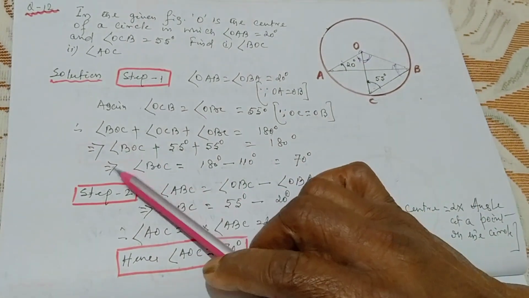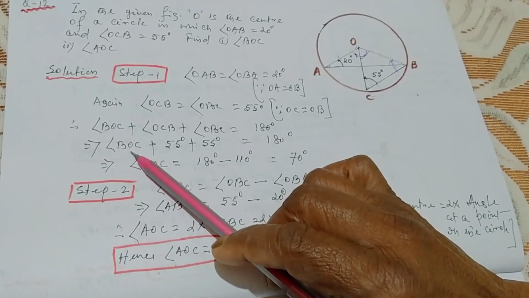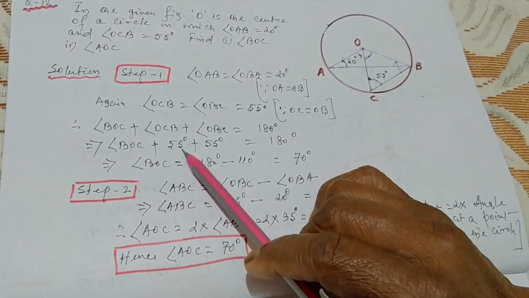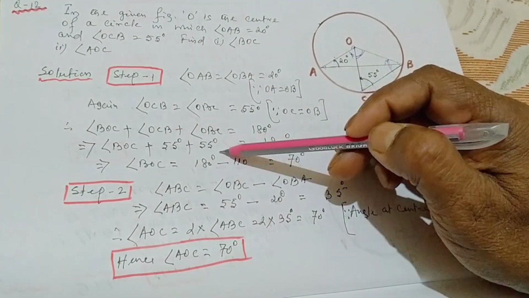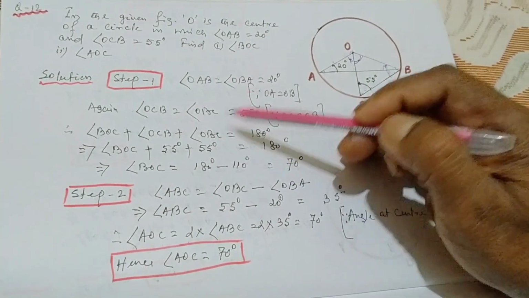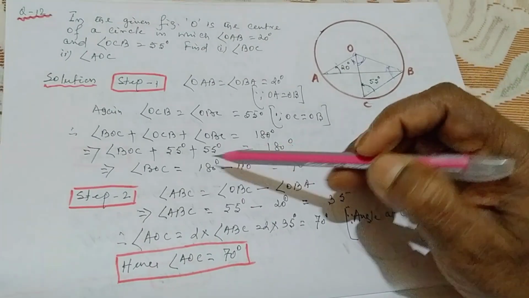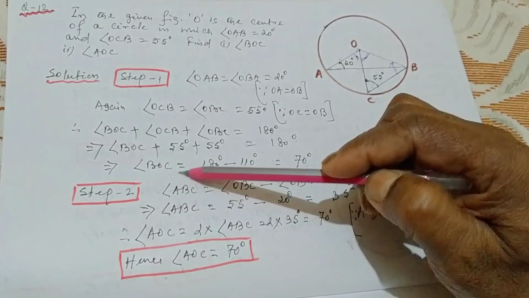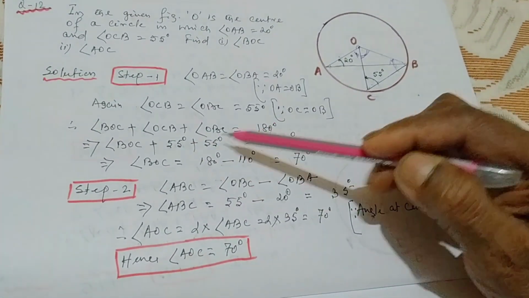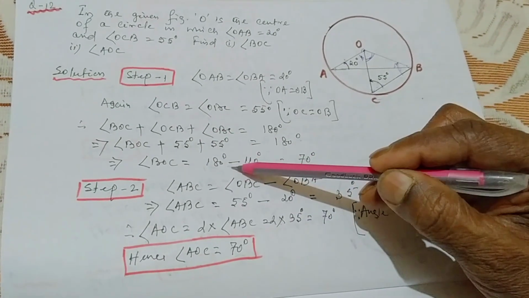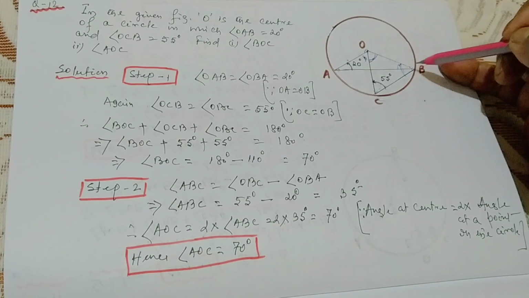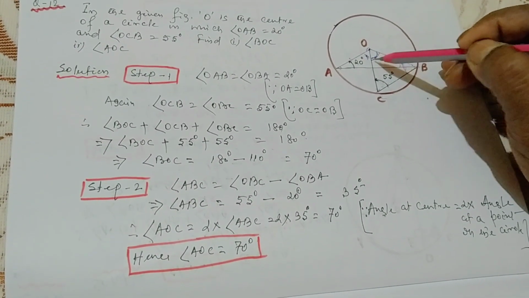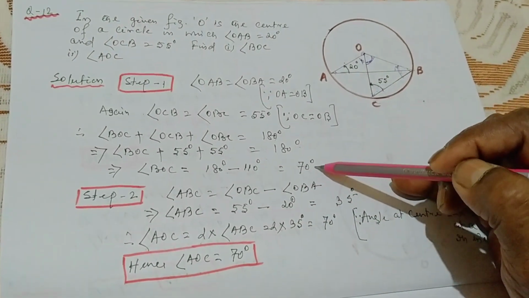Now, angle BOC plus angle OCB, this is equal to 55 degree, and this also 55 degree, equal to 180 degree. Therefore, angle BOC is equal to 180 minus the sum of these two angles, that is 110 degree, equal to 70 degree. That means the value of angle BOC is equal to 70 degree.